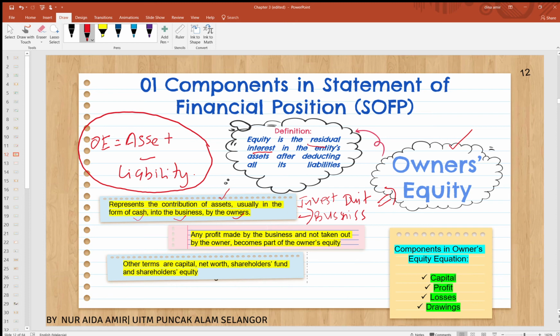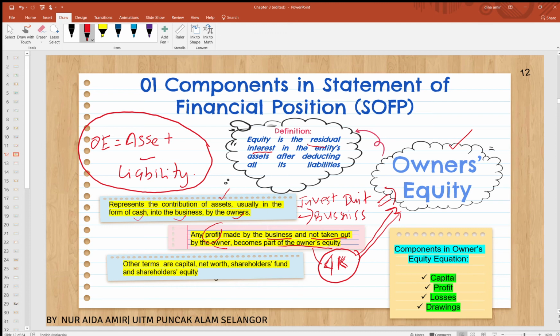Duit tu digunakan dalam business. Lepas tu any profit made by the business and not taken out by the owner becomes part of the owner's equity. Contoh macam profit you dapat 4,000 jualan cupcake saja. Tiba-tiba you tak keluar langsung pun duit tu bayar apa-apa. So that is what we call as owner's equity.